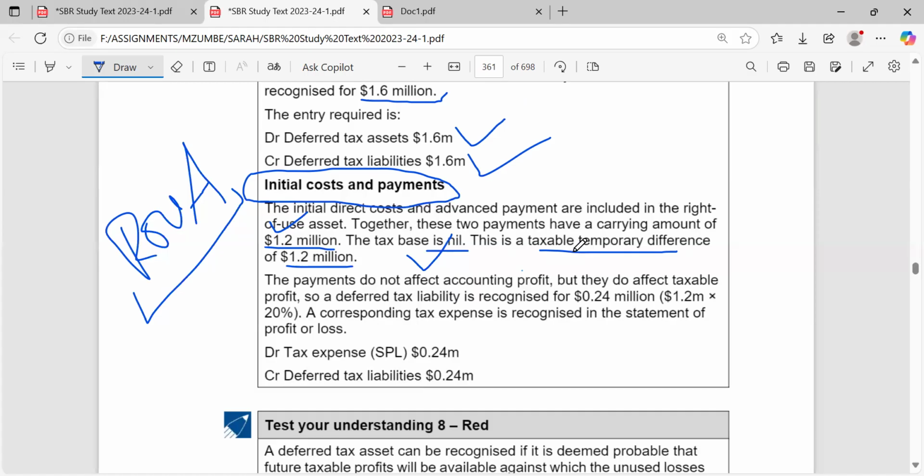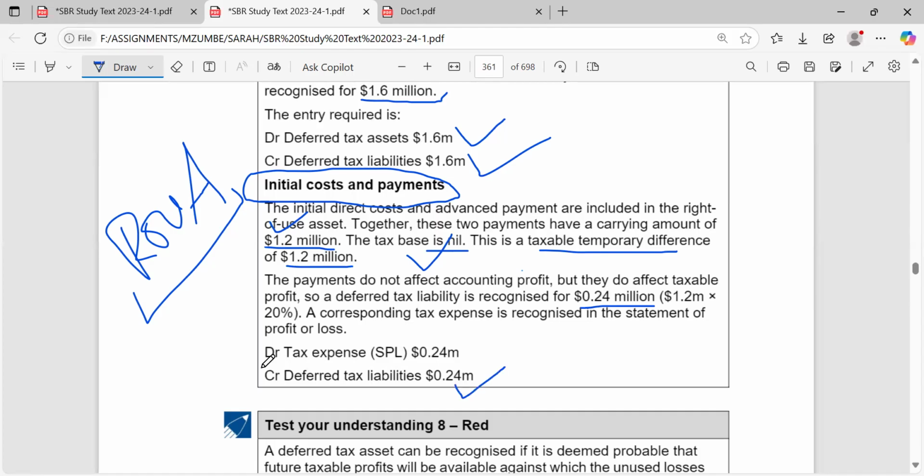Since this is taxable, it would result in a deferred tax liability. So 1.2 times 20%, you would get 0.24 million. Ignoring the previous history on deferred tax liability, we would move from 0 to 0.24, which would mean deferred tax liabilities have increased by 0.24.